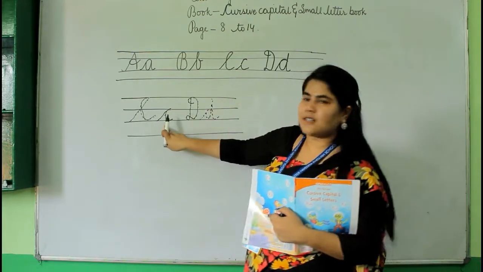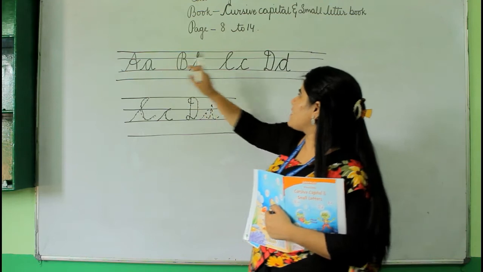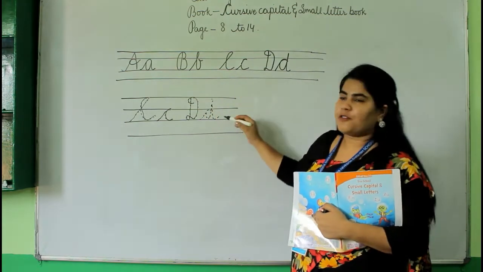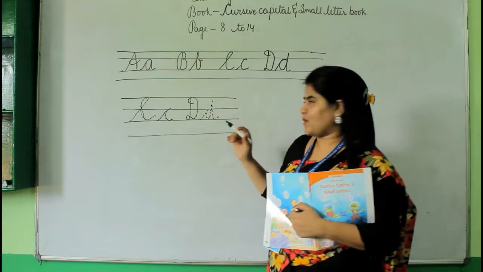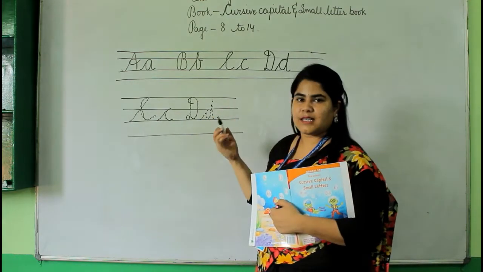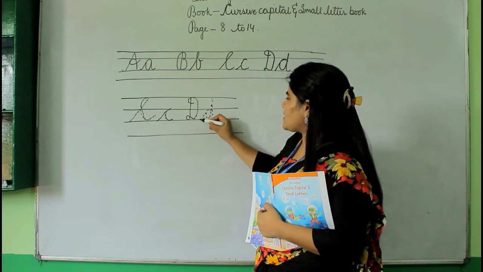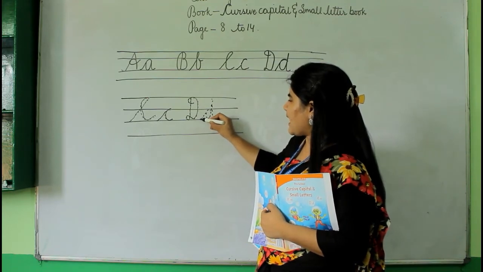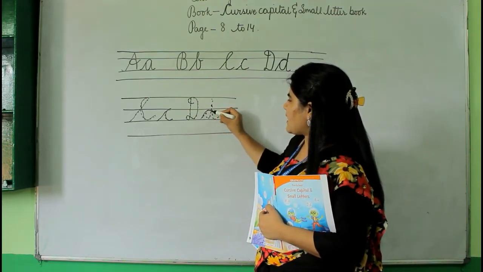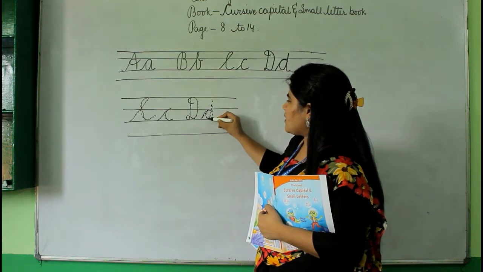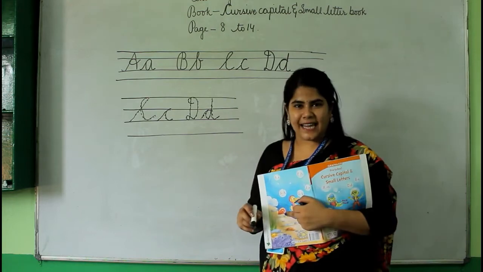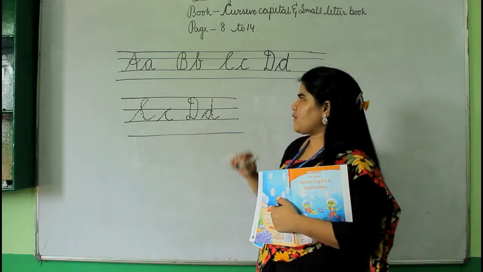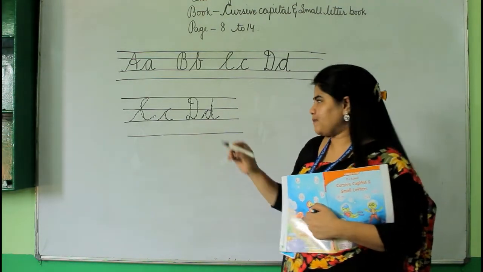Here we use 2 lines, here also 2 lines, but for small letter D we use all 3 lines, and it will look a little bit different. So again we start with D, third line, then go to the second line, then from the last line to the first line, and then make a small tail. Understood? In this way you have to write.